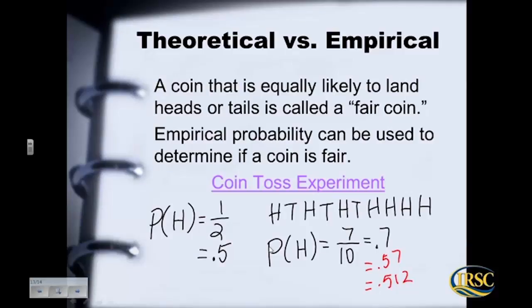We do it 10,000 times, we get 0.5001, something like that. This is typically what happens when you flip the coin more and more times. So if you're going to use empirical probability to see if something's fair, you need to make sure you've done the experiment enough times to get a good picture of what's happening.